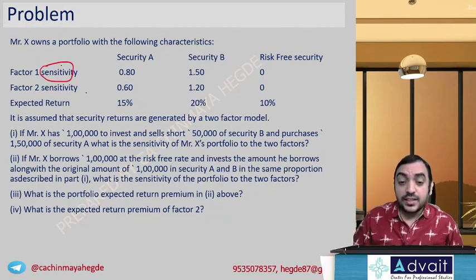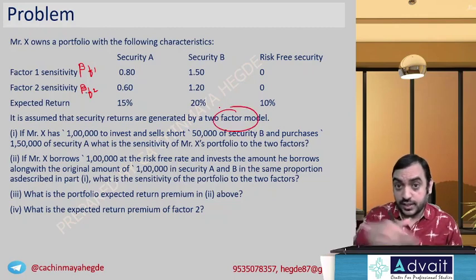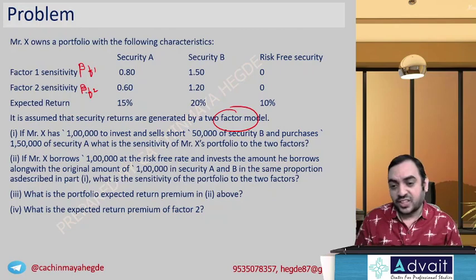Sensitivity means it is beta. So beta for factor 1, beta for factor 2, and so on. 2 factors in the problem. It is assumed that the security returns are generated by a 2-factor model. So 2-factor, don't think about some model about arbitrage pricing theory. 2 factors, factor 1, factor 2.